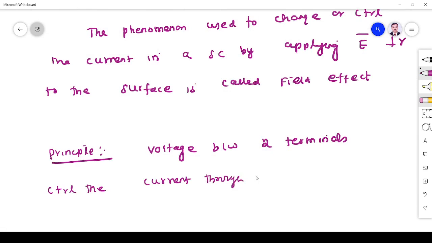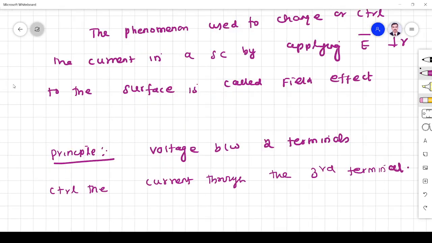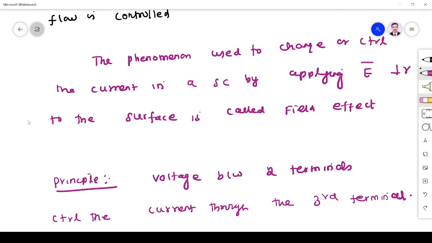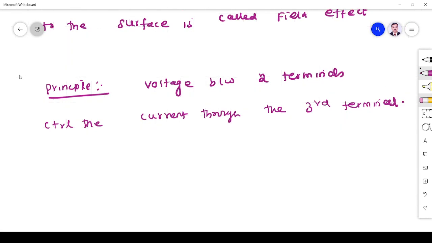Here we apply the gate voltage, and it controls the current flowing through the drain and the source. That's the main principle behind the MOSFET.